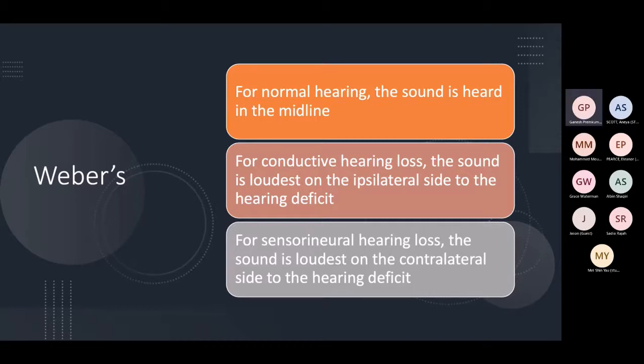Now, there's a really important thing to note here. If I, for example, had conductive hearing loss on the right side of my ear, so let's say earwax is built up in the right side of my ear, what will happen is I actually hear the sound louder on my right side.